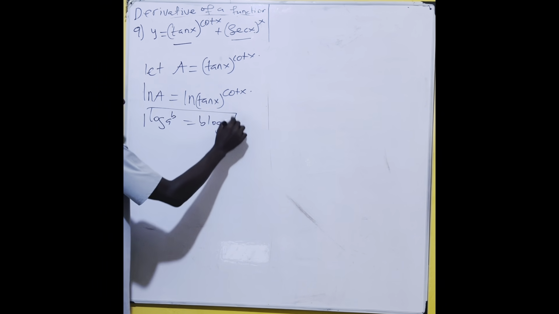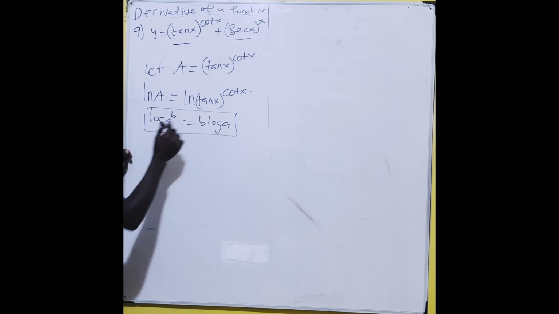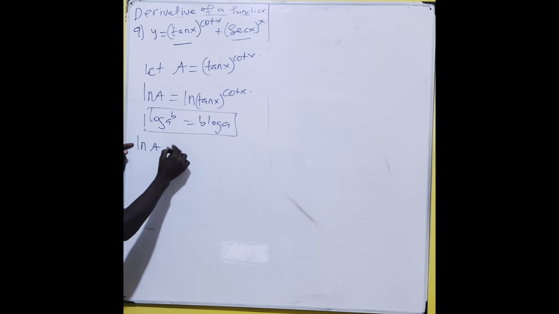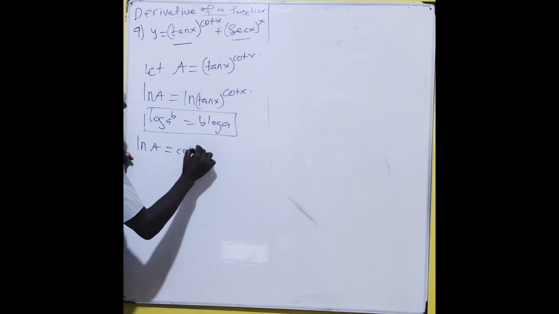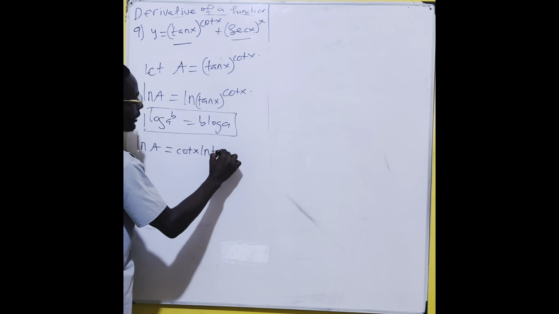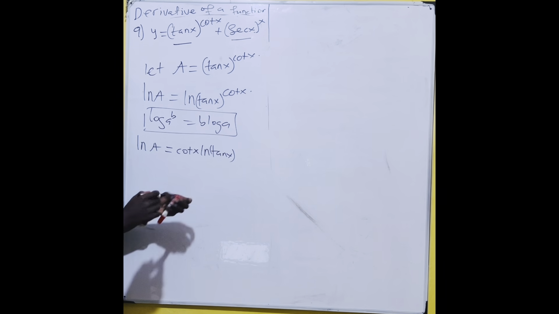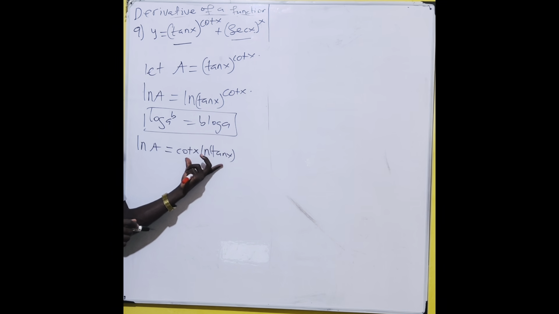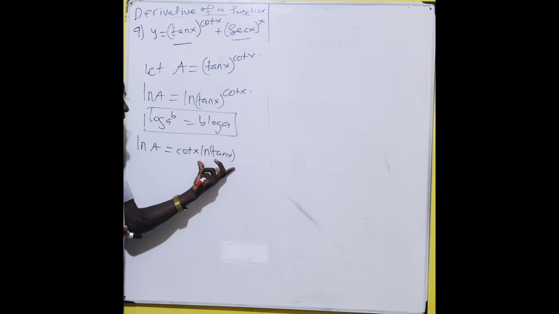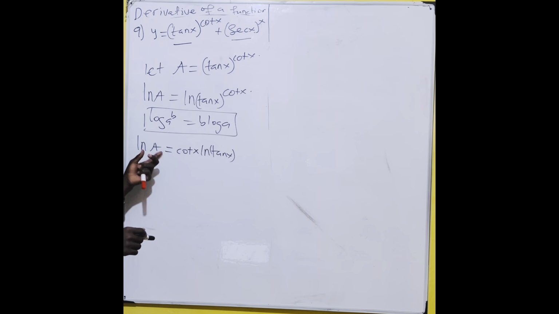So this property is going to help us at this point. So we have ln a equal to cot x ln tan x, right? So this is what we have right now. And we have to apply the product rule on the right hand side. Then we can use the properties of differentiating ln functions at this point.